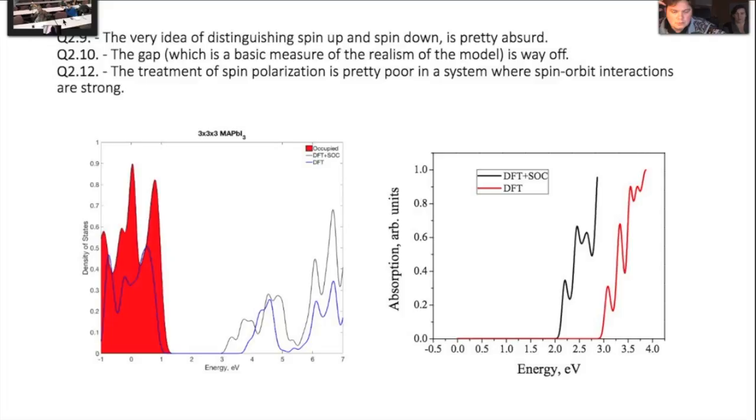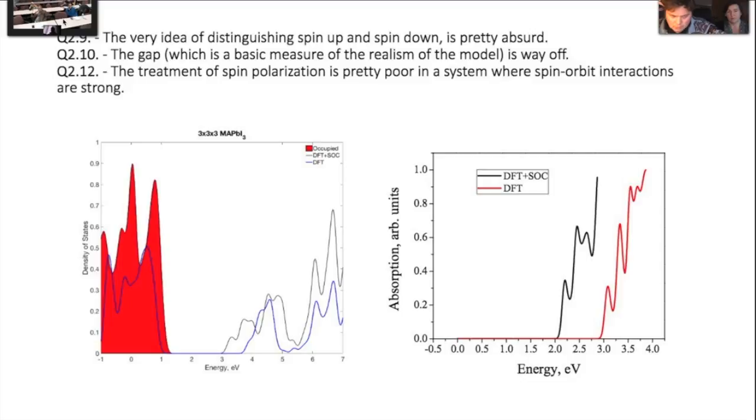Okay. So another thing that these reviewers were critical of was our treatment of the system with a spin polarized methodology, because we know that spin-orbit coupling is very important in these types of systems, but what we had up to date was not yet ready to handle the calculations for that, also just the amount of time that it would take.